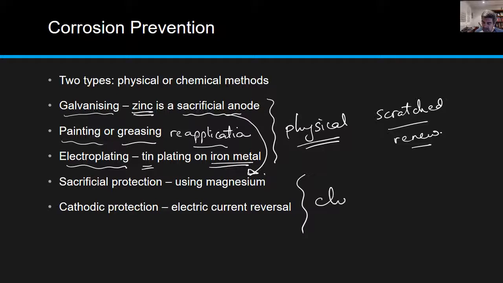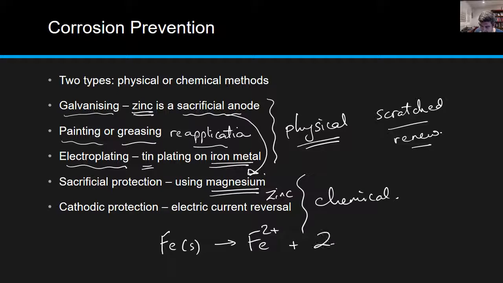Two other mechanisms that can be used in corrosion prevention include sacrificial protection, so that's where we use a very active metal like magnesium or zinc, and in combination we can create a little battery cell effectively. And the point we're most concerned about is the fact that the iron metal as a solid is going to become an iron ion, which sounds silly, losing 2 electrons.